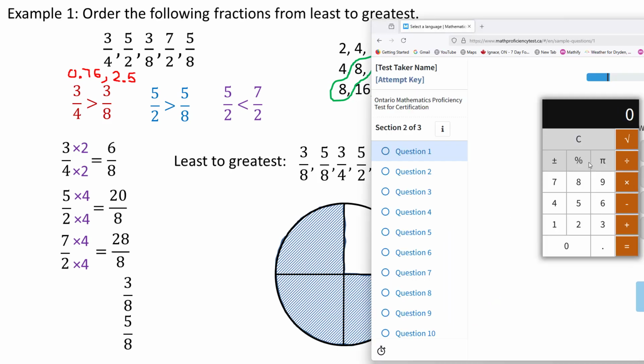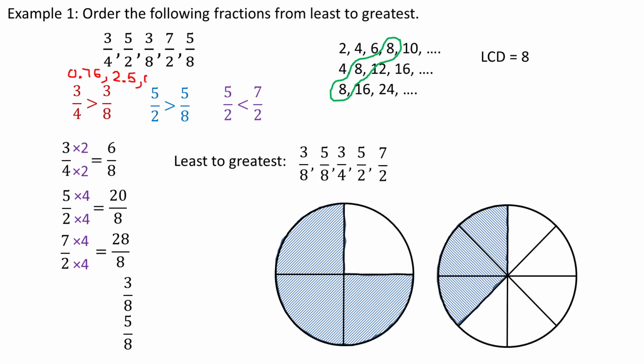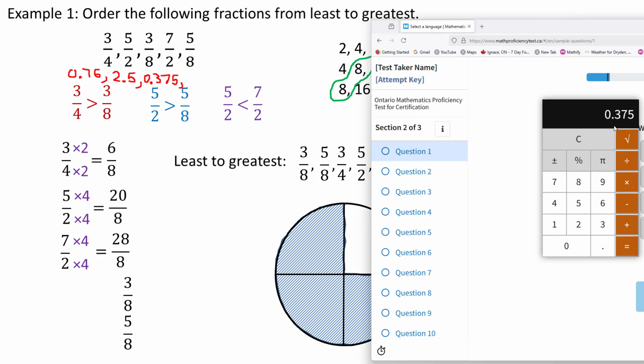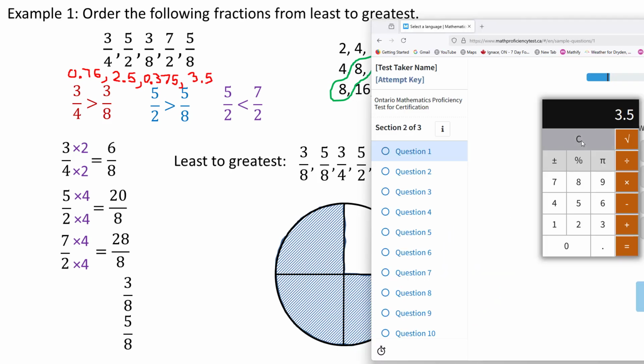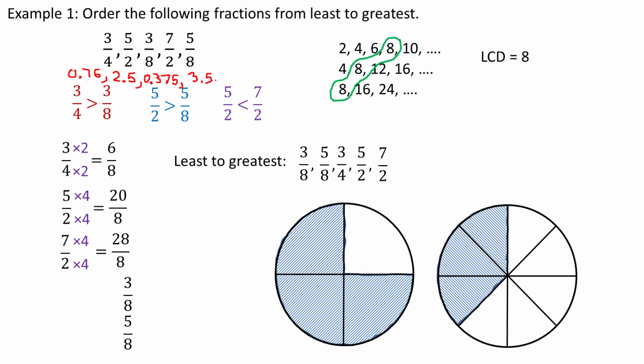The next one is 3 divided by 8, which is 0.375. Always clear before you do something else in the calculator. 7 divided by 2 is 3.5, so that's the next one, 3.5. And 5/8: clear, 5 divided by 8 is 0.625.